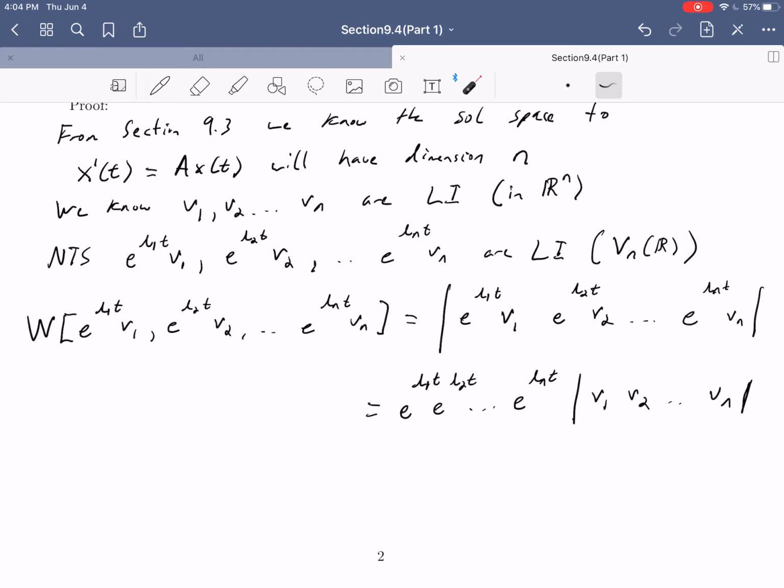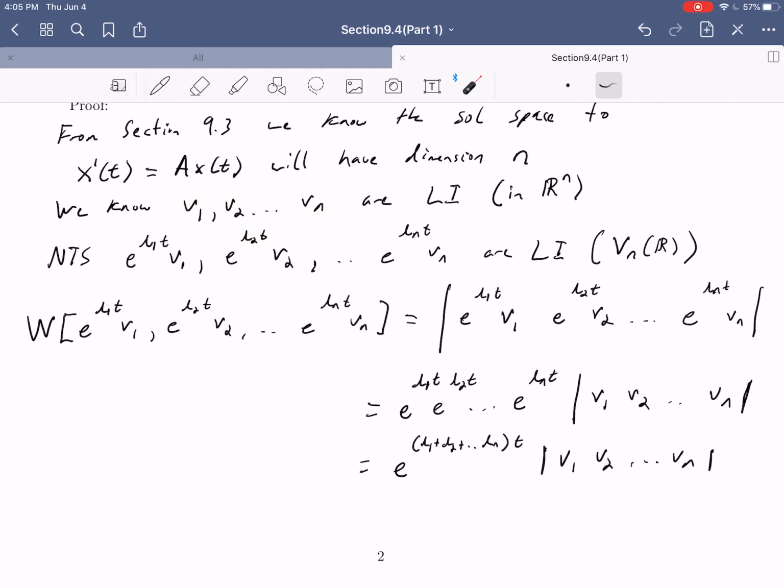All right, now things are pretty much done here. We can see that this is just e^((λ1+λ2+...+λn)t) times the determinant of v1, v2, through vn. And of course, the exponential is never going to be 0. And this determinant can't be 0 since v1 through vn are linearly independent.